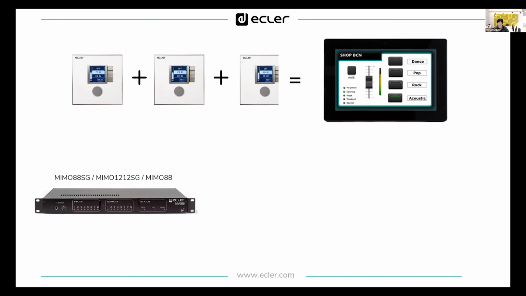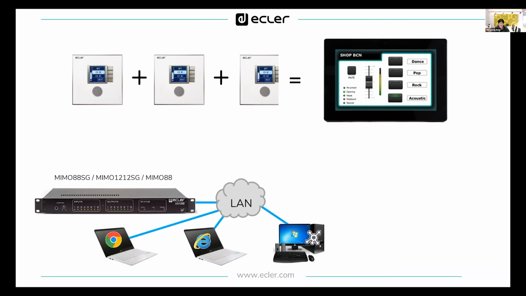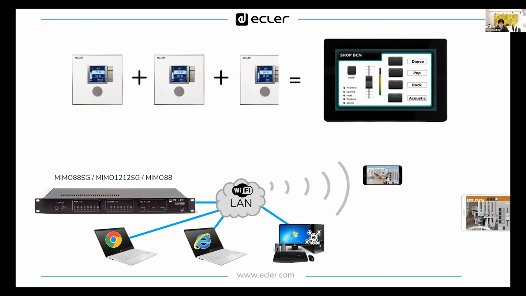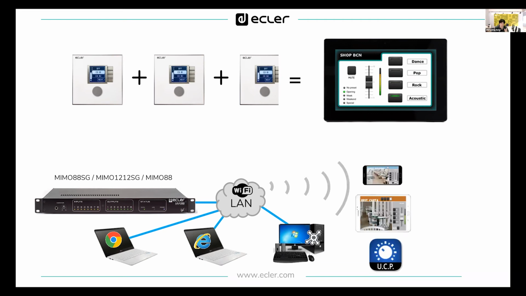See the example. You have a MIMO 88SG or a MIMO 12SG or a MIMO 88, and you connect this to the network. You will need a PC in order to have UCP panels for your other computers, or for smartphones or tablets, with the app.